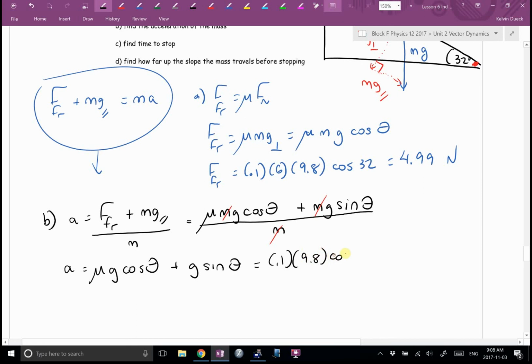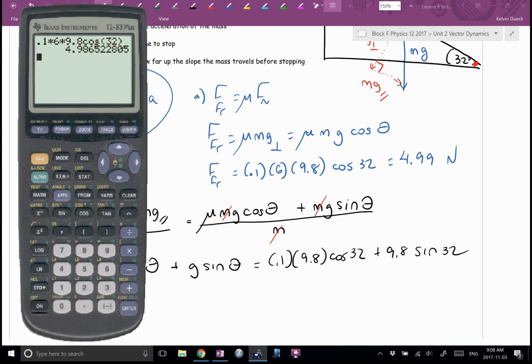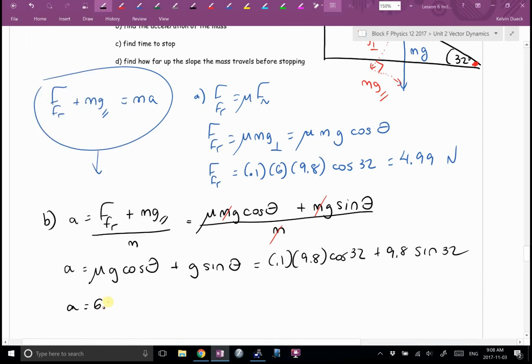9.8 cos 32 plus 9.8 sine 32. 0.1 times 9.8 cos 32 plus 9.8 sine 32. 6.02 meters per second squared.